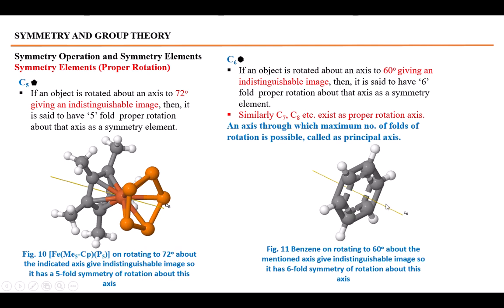A C3 axis also exists along the axis where C6 exists. Whenever this type of situation occurs, where many axes of rotation are possible, then the axis of rotation about which the maximum fold of symmetry is possible will be called the principal axis. So for benzene, this C6 is the principal axis, for which the maximum fold of rotational symmetry is possible.